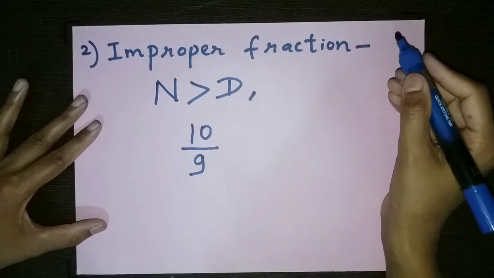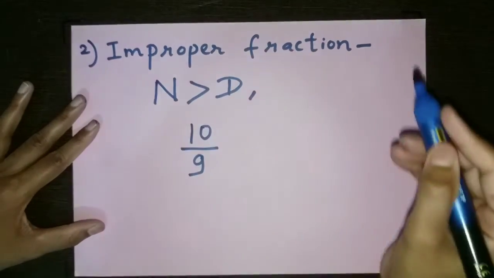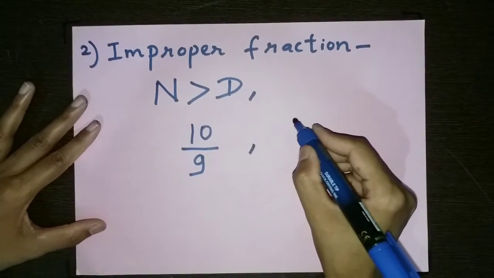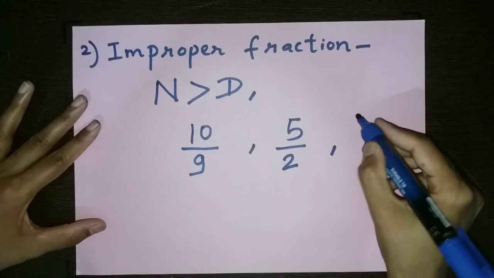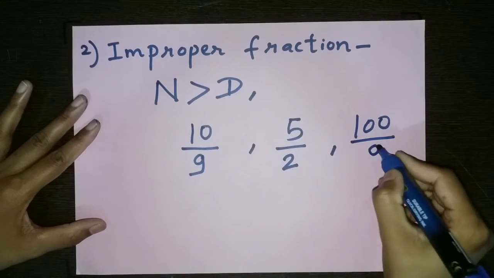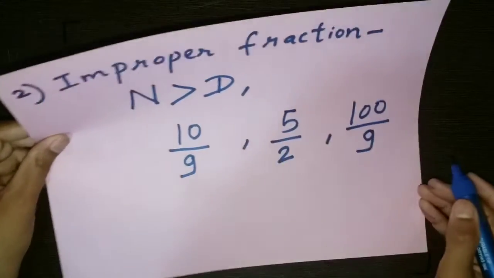So what is the meaning of an improper fraction? An improper fraction is a fraction in which the numerator is greater than the denominator. We can take another example also, just like 5 upon 2. We can take another example, 100 upon 9. Like that we can consider many examples of improper fractions also.